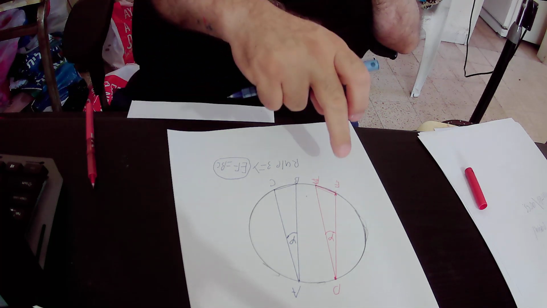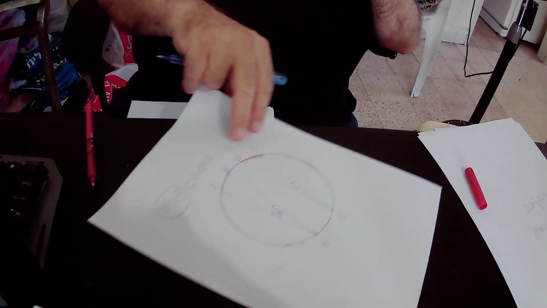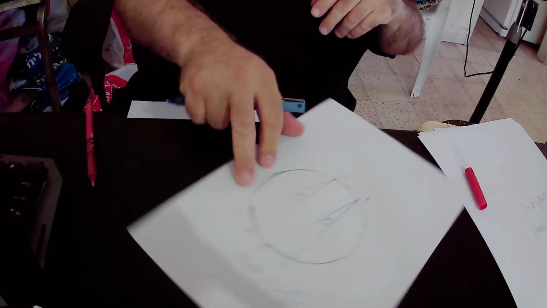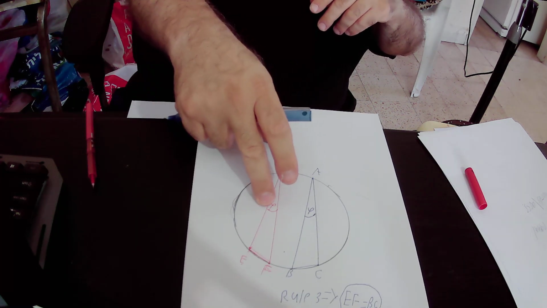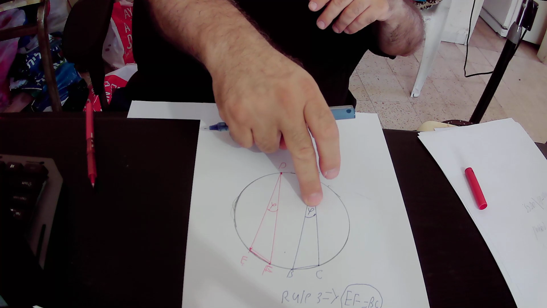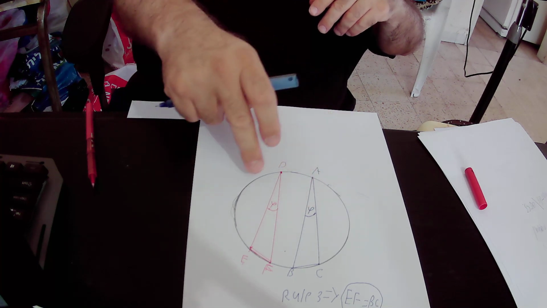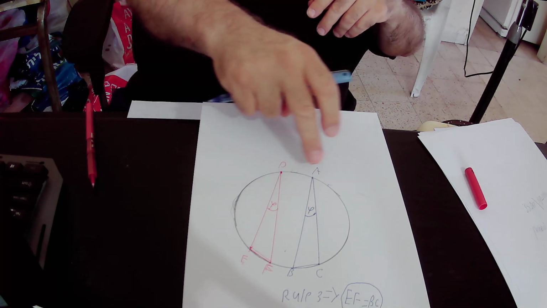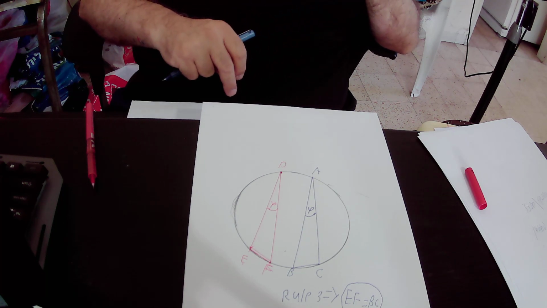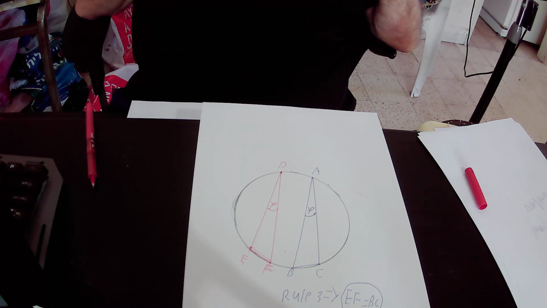Again, equal peripheral angles. This angle is angle alpha and this angle is angle alpha. Both peripheral angles are equal to each other. For that reason, according to rule number 3, they both rest on equal chords.